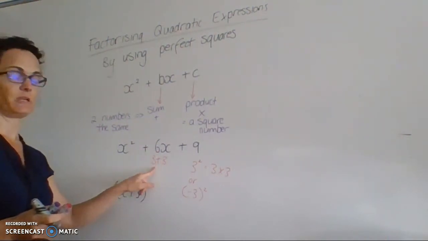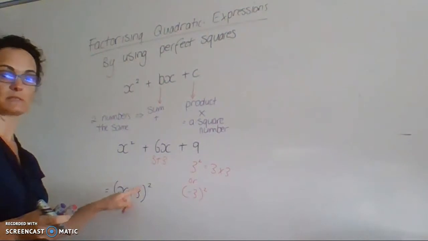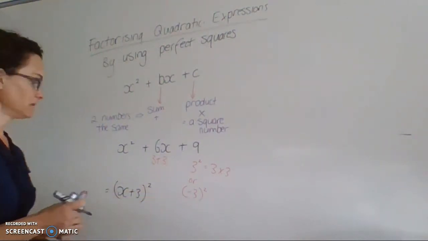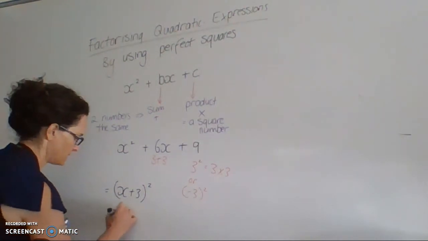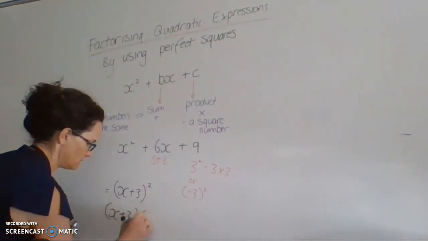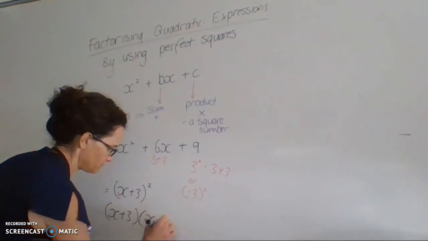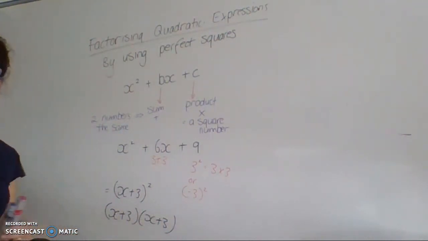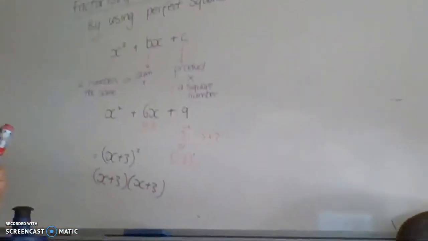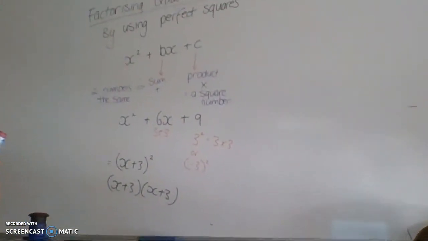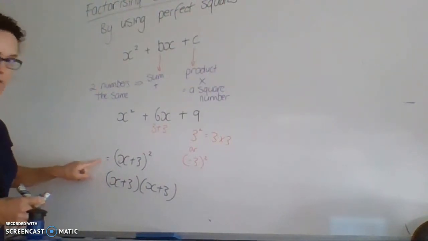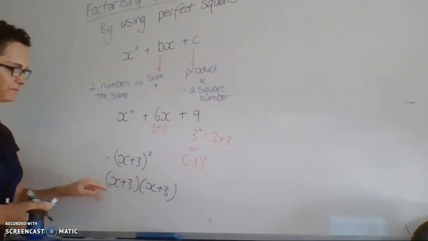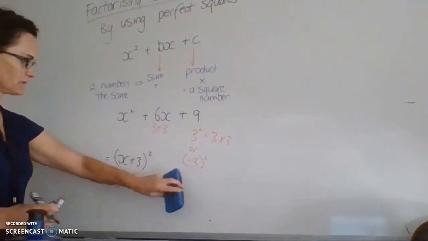So it's positive 3. So then I put positive 3 in brackets and I square it. Because x plus 3 squared is x plus 3 times itself. But we don't write that, this is the expanded form of this answer. So this is your answer here. This is the expanded form. Okay, but I'm just showing you what that looks like.